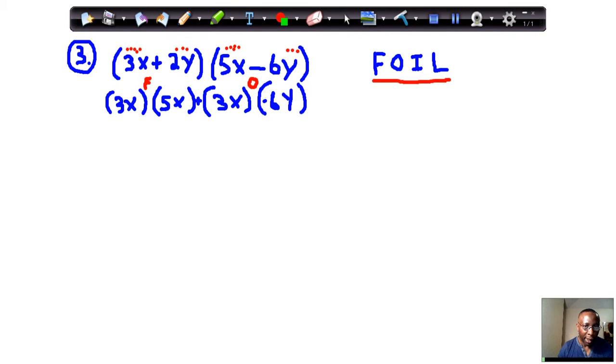Now, my inner terms. So we're going to put a plus sign there. And the inner is a 2y. That's an inner term.